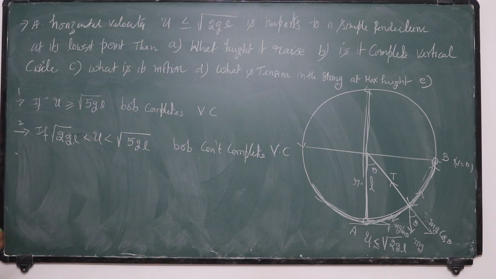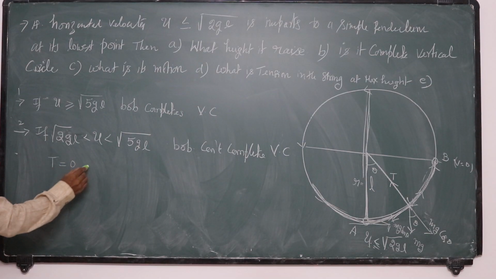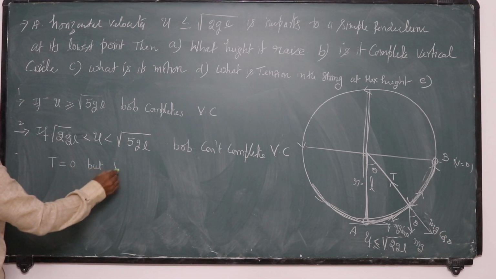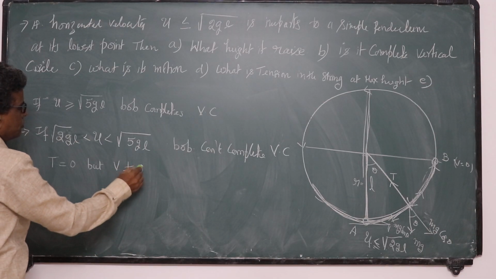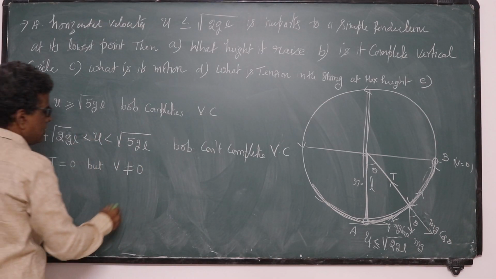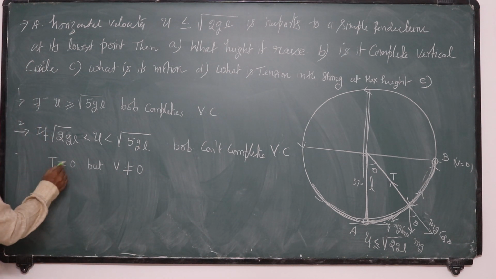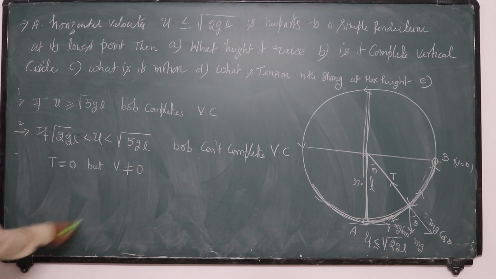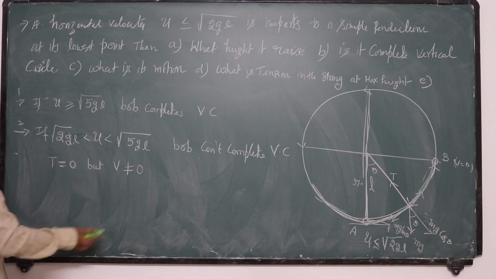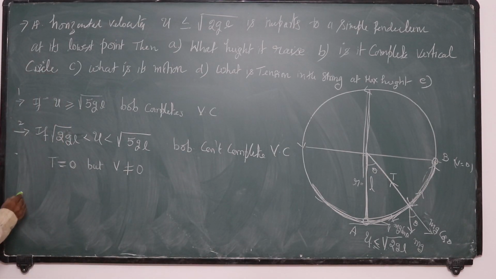So what happens at this juncture? The tension in the string becomes 0. It will rise to a height where tension in the string becomes 0, but velocity is not equal to 0. I gave that expression to you already.